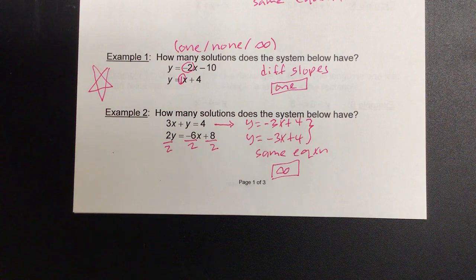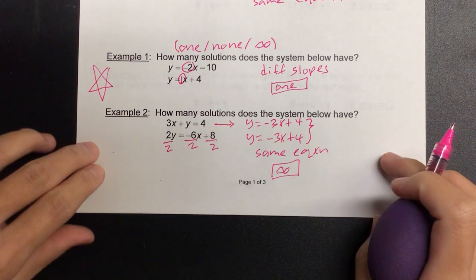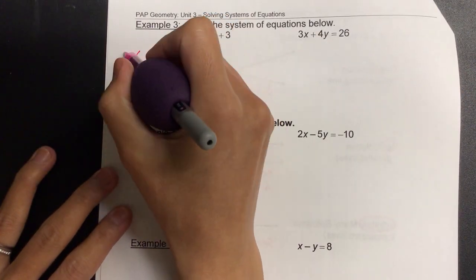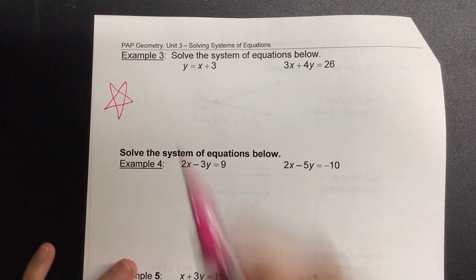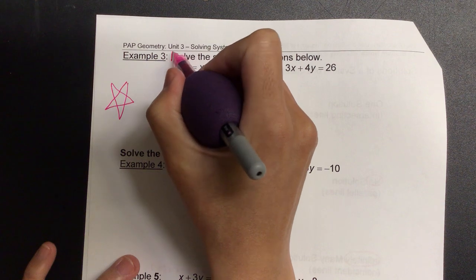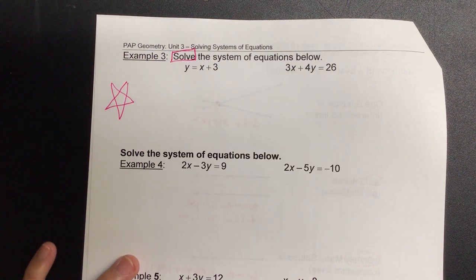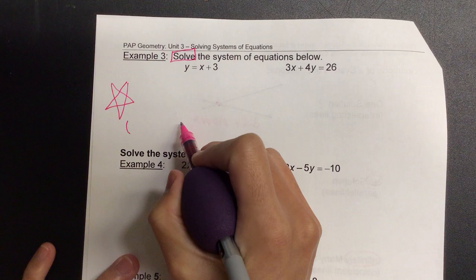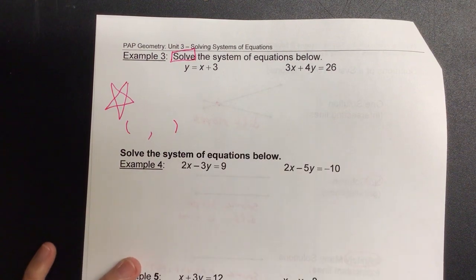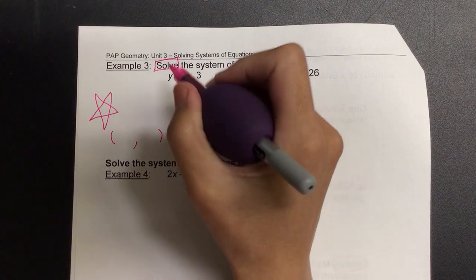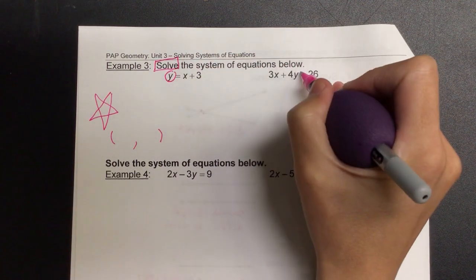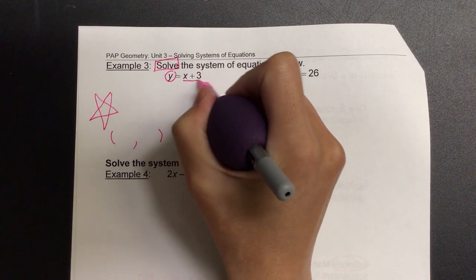On the back. All right, so number 3 is a little bit different. It's asking us to solve for it. When we are solving for a system, that means we're looking for the x-coordinate and the y-coordinate. So I'm going to take my y into this y and substitute all of that in.